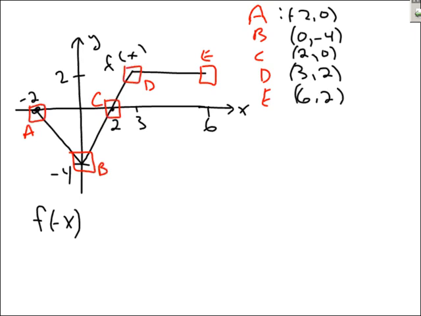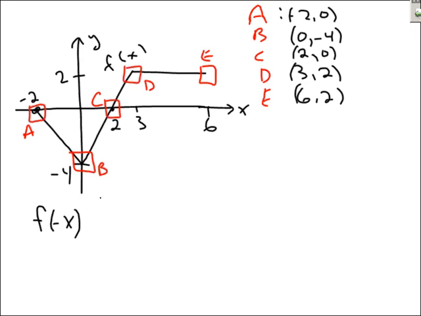Now, f of negative x. So we're replacing x with negative x. That means it reflects across the y-axis.